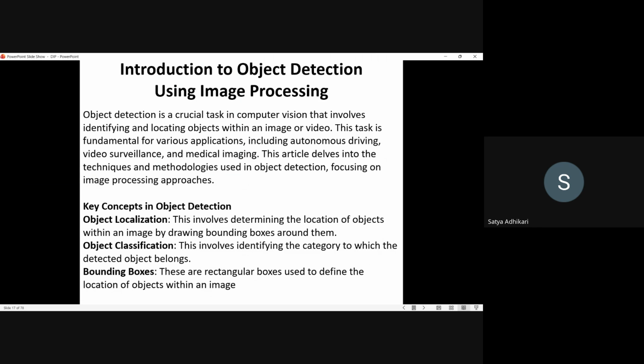Object classification. This involves identifying the category to which the detected object belongs. These are rectangular boxes used to define the location of objects within an image.